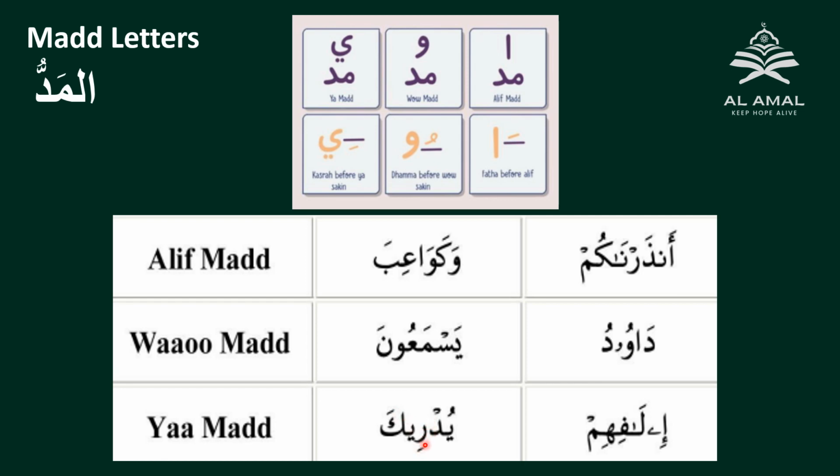The ra is affected, so I have to elongate the ra. So here I will read yudrika, with the ra long. I will not read it short. I hope you understand this. If not, please pause the video and try to repeat what I said, and also read all these words all over again, focusing on what has to be read long.